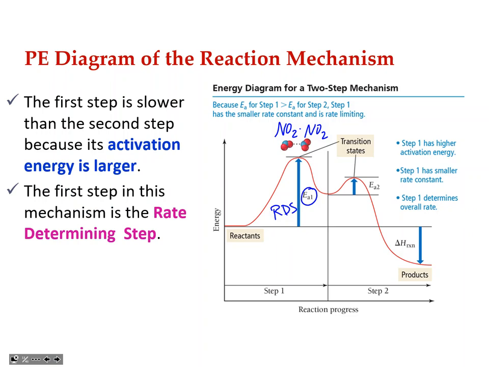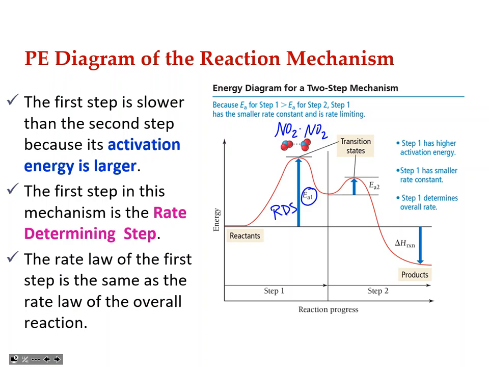The first step in this mechanism is the rate determining step. The rate law of the first step is the same as the rate law for the overall reaction. That happens when the rate determining step, or the slow step, happens to be the first in the series. So that last statement applies to when the slow step is the first one of the mechanism.